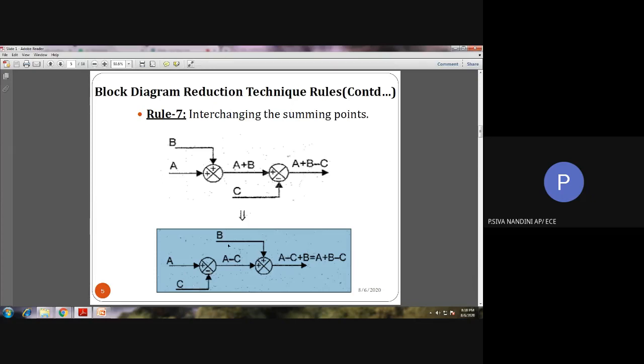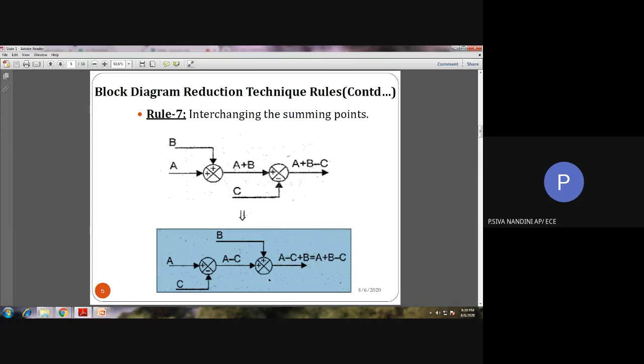See here, after interchanging, the first summing point has A and C fed with a negative sign for C. So the output from this first summing point is A minus C. This output A minus C is fed to the second summing point, where we have the input B. So A minus C plus B is equal to A plus B minus C.